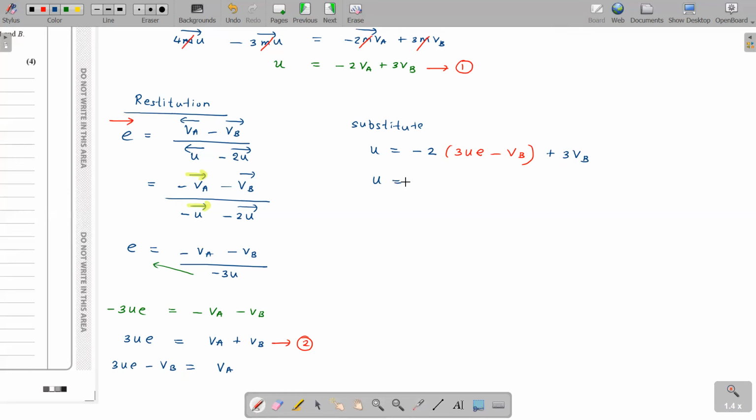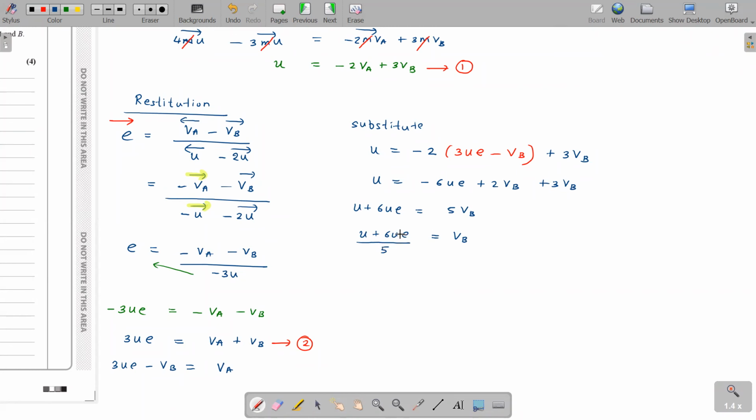So I get here U equal minus 6UE, minus into minus is plus 2 times velocity B, plus 3 times velocity B. Is this correct? So U plus 6UE equals 2 VB, 2 velocity B, 3 velocity B is 5 velocity B. So let me rearrange this nicely. So velocity B equal U plus 6UE over 5.